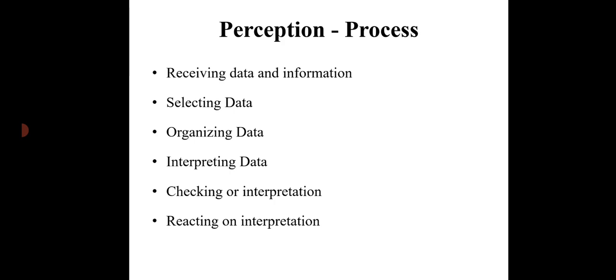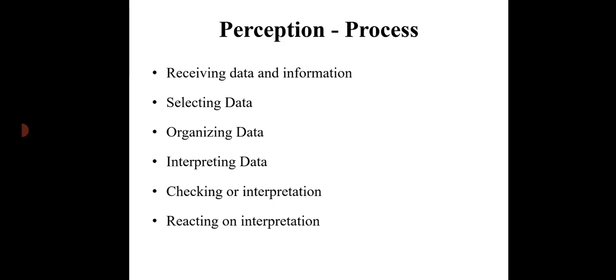Whatever you see through your eyes, whatever you hear through your ears, whatever information you collect from the resources, you receive as data about that situation. This received data is a stimulus for the perceiver, and this is the end of the first stage, where you just collect the data and information.